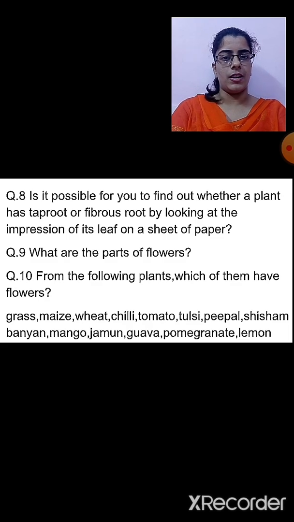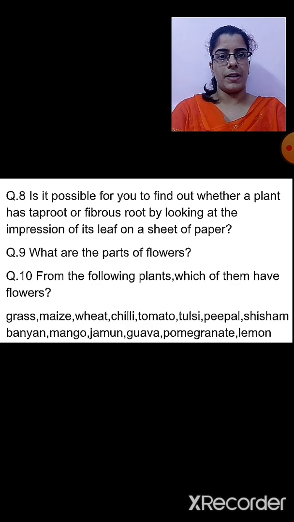Yes, it will be possible. In the impression of the leaf, we will see the type of venation that the leaf has. If the leaf has the parallel venation, then the root will be the fibrous root. And if the leaf has the reticulate venation, then the roots will be taproot.